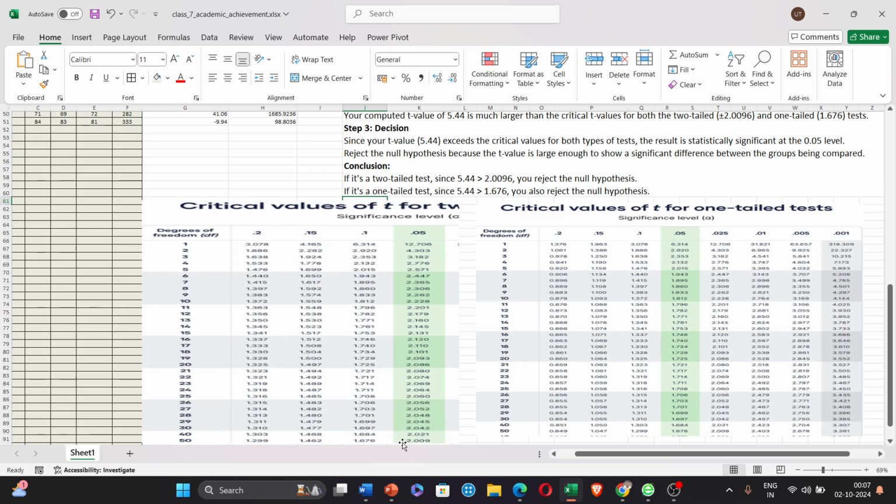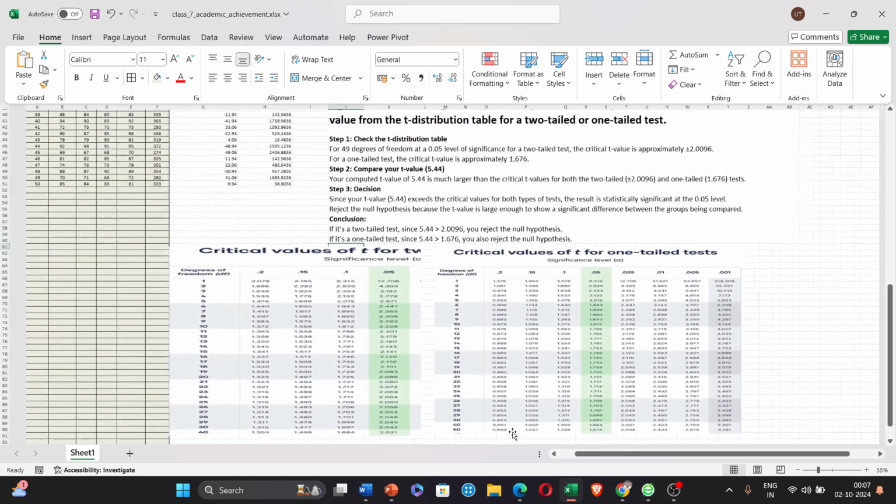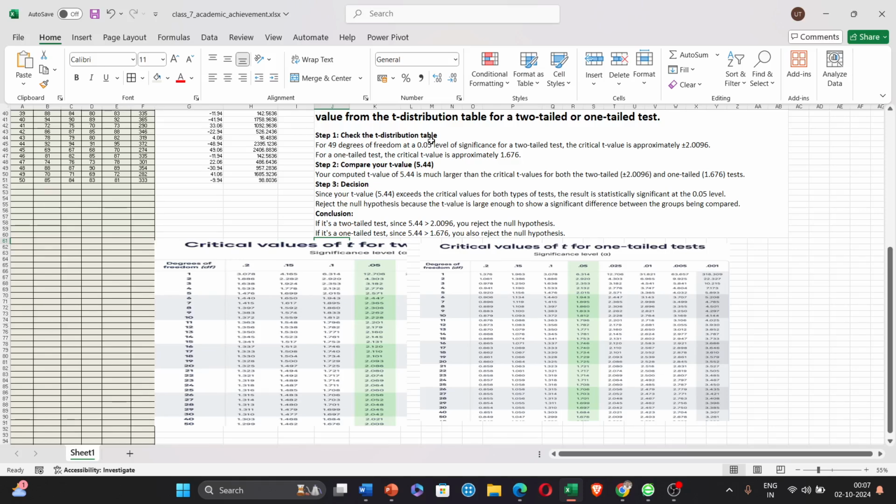This is the degree of freedom, and these are the levels 0.2, 0.15, 0.1, 0.05, 0.01, 0.001. This is for the two tail test. So now we can see the distribution table value. We have found plus or minus 2.0096, approximately 2, at 49 degrees of freedom.